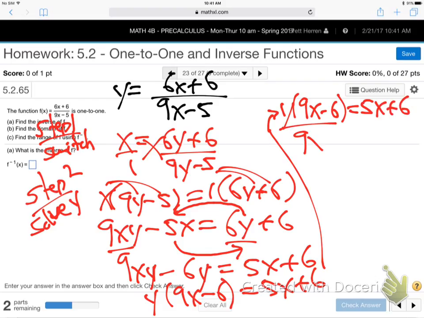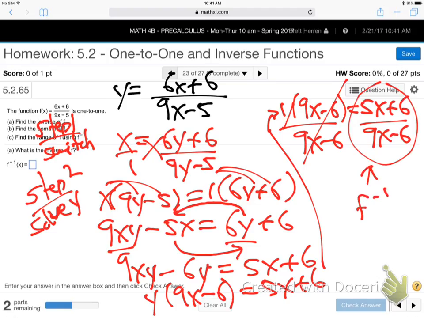So divide. Boom, y's alone. There's the inverse function. So, let me write a note on that.